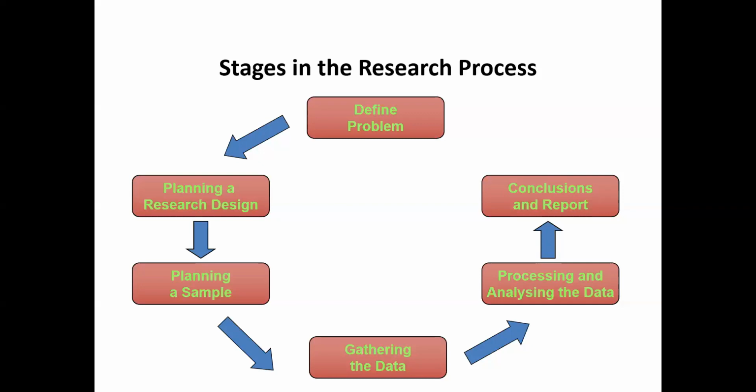And then after having your problem, you plan your research, how you are going to conduct this research. You don't just go out and start. You need to have some process where you sit down. In research, we call that a research proposal, where you're going to write exactly what you are going to do.